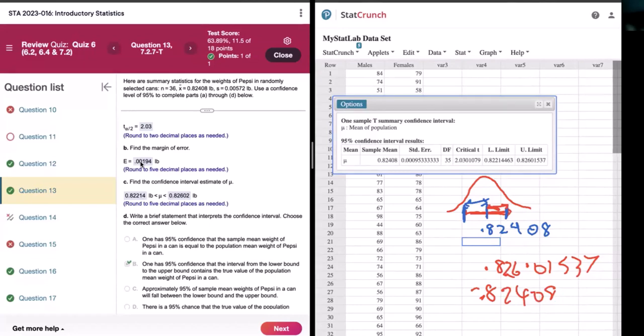It doesn't matter. They're the same. Subtract this number minus this number. It'll be fine. And the middle here is 0.82408. Then the margin of error is either plus or minus some value. You either add that number or subtract that number. That's the biggest it's going to be.